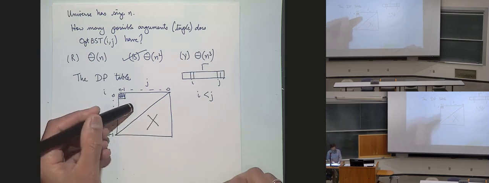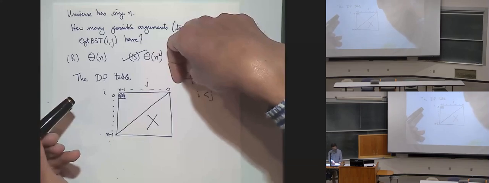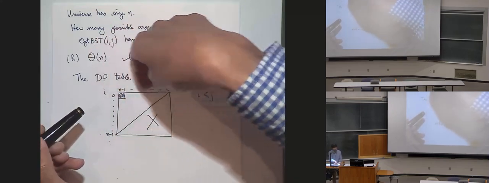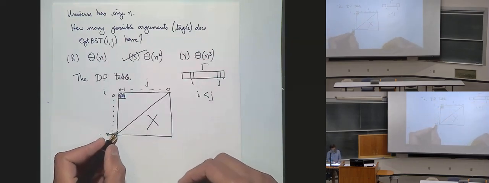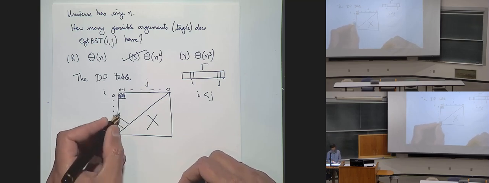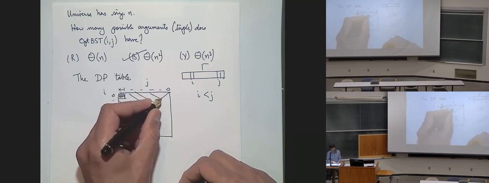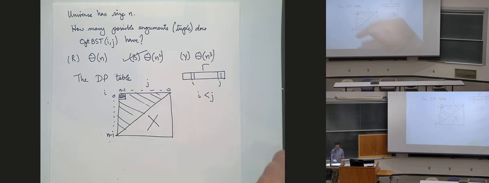It's only in this part. Because for i equal to 0, j will go from n minus 1 to 0. For i equal to 1, j goes from n minus 1 to 1. For i equal to n minus 1, there's only one entry here. Right? So this is the portion of the table that we need to fill in. Does that make sense? You don't need to fill in this bottom part.